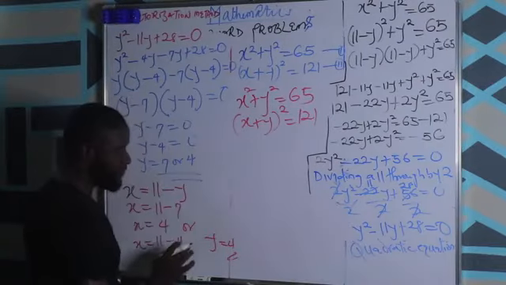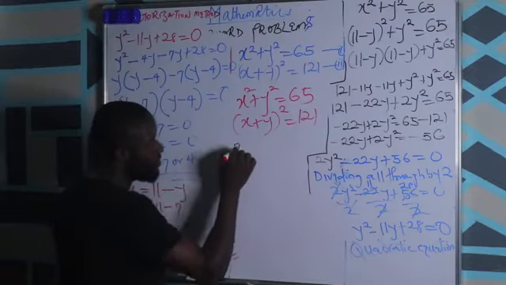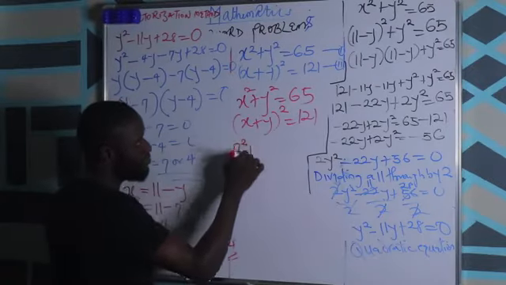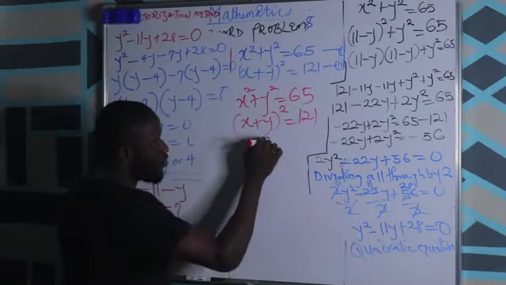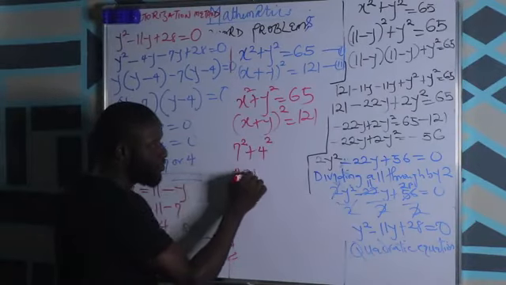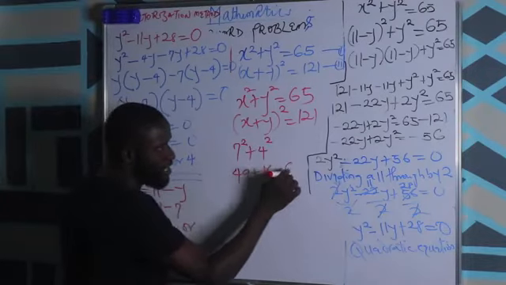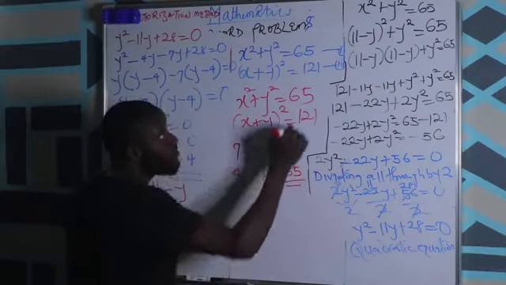My x is 7 or 4. So 7 squared, since x is 7, plus y squared, 4 squared, is equal to what? 7 squared is what? 49. Plus 4 squared is what? 16. 49 plus 16, I have 65.